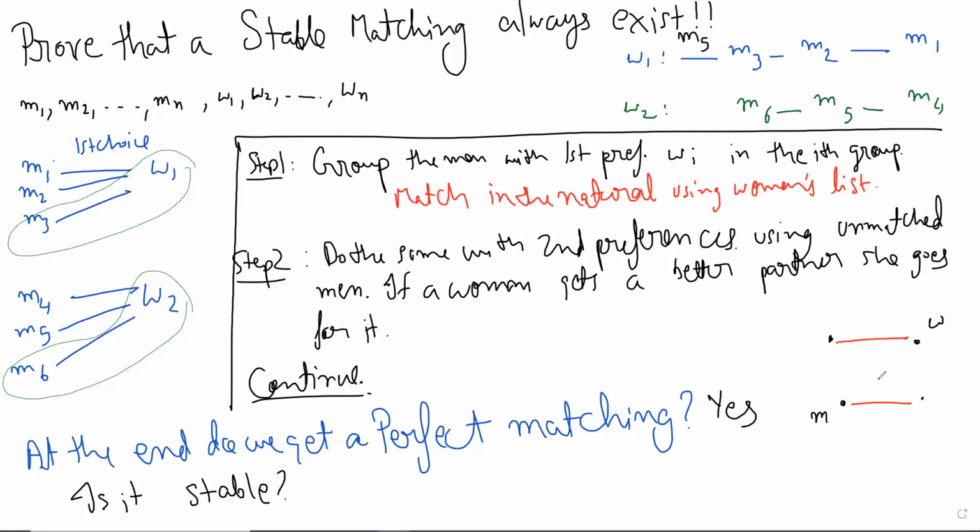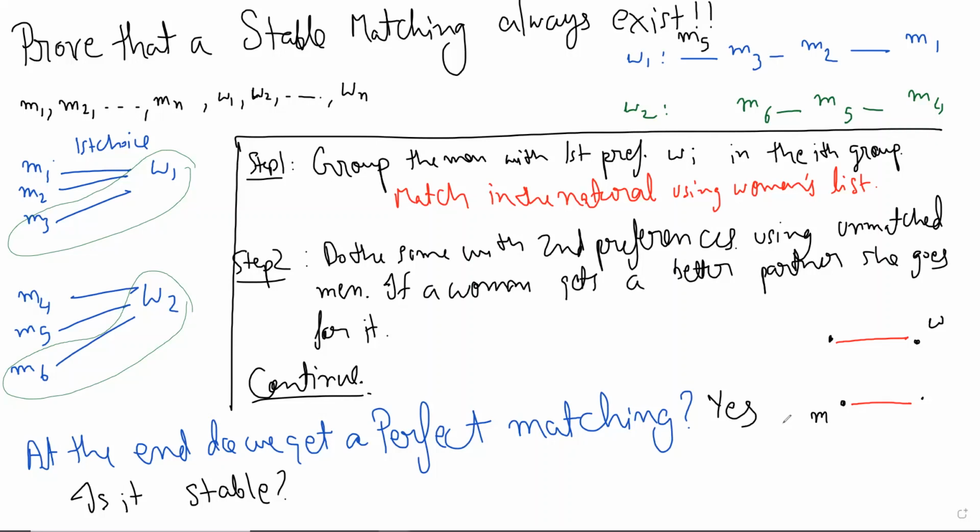I mean, you're saying there is no blocking pair? It is correct, I think, but we have to give a better reason. Yeah, it is correct, but the reason has to be given.